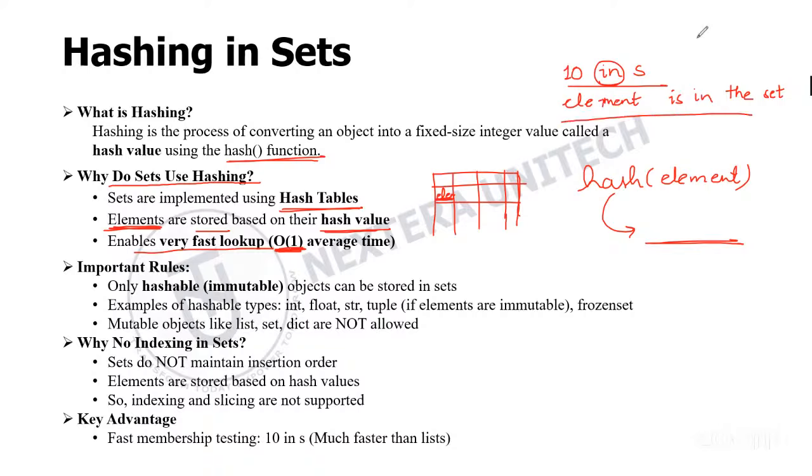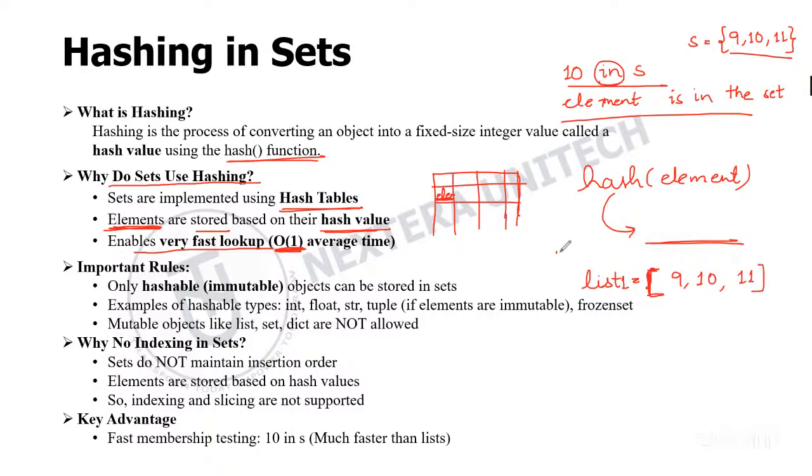So let's say S is 9, 10, 11. When we check 10 in S, internally it will not scan the entire set like a list. In a list, let's say we have the same elements 9, 10, 11.